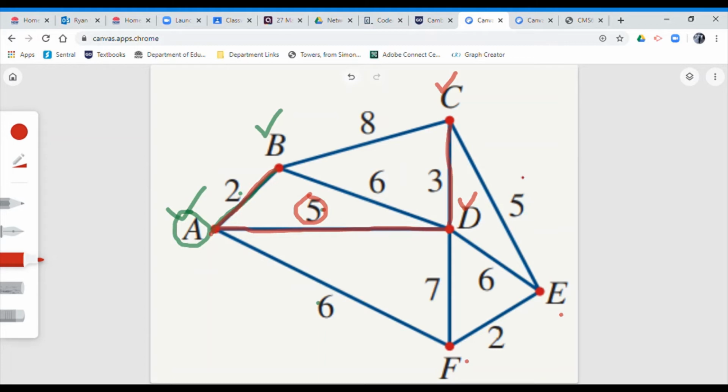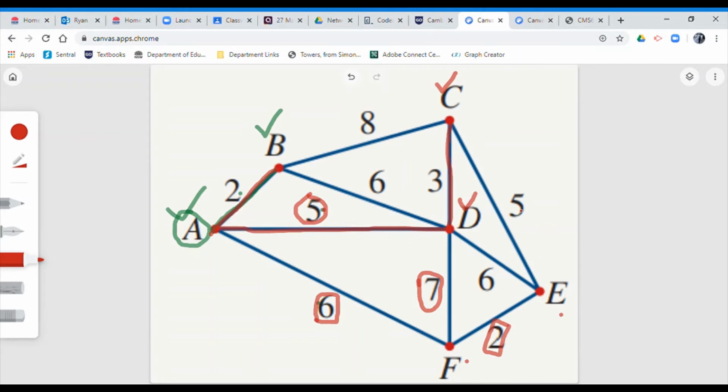So we can look at some different options. We can look at getting to F, which would take us a value of 6 directly from A, which is a possibility. We can look at getting there from D, which is a value of 7. We can also get to F by E, which is only a value of 2, which is a really low value.